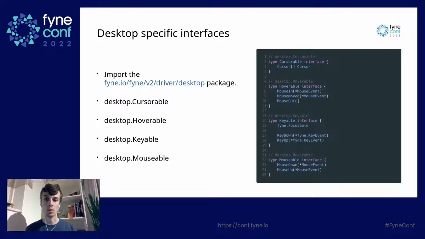Key down will be called when a key is pressed down, and key up will be called when the key is released. We also have the mouseable interface, which is similar to keyable but for the mouse. So the mouse down method will be called whenever a mouse button is pressed down, and the mouse up will be called when the mouse press is released.